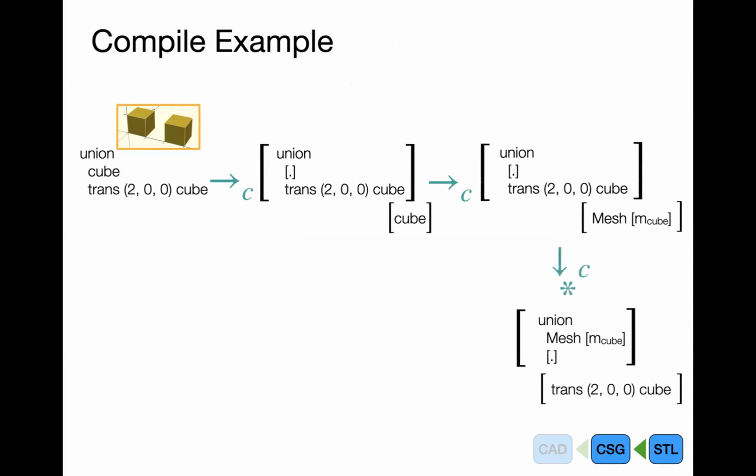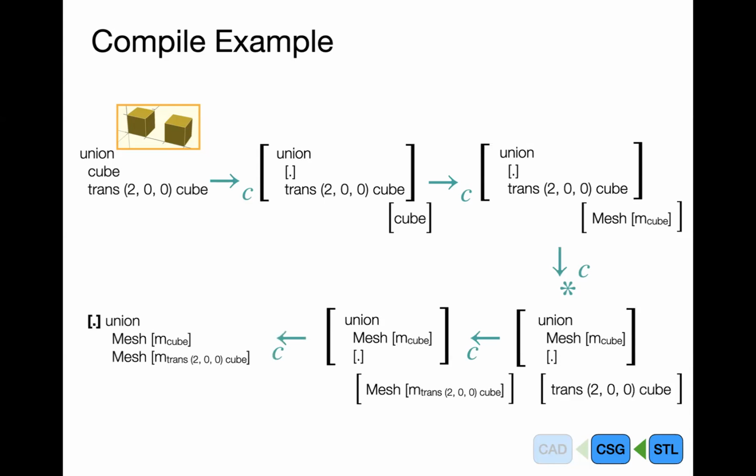I'll take some more steps. I'll replace that mesh, and I have a new evaluation context. Now I need to compile the translation of a cube. I take some more steps there. I need to do the mesh level translation of the cube mesh, et cetera. Eventually we'll grind it all the way down and just have one mesh left. We've reduced the program to its value.